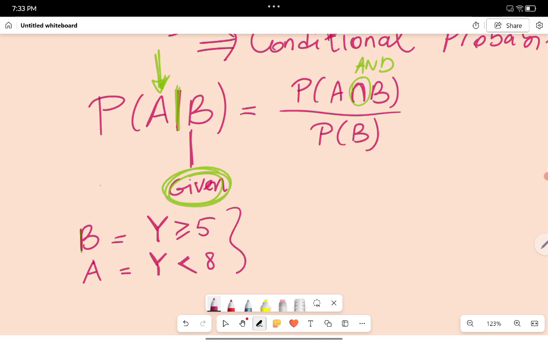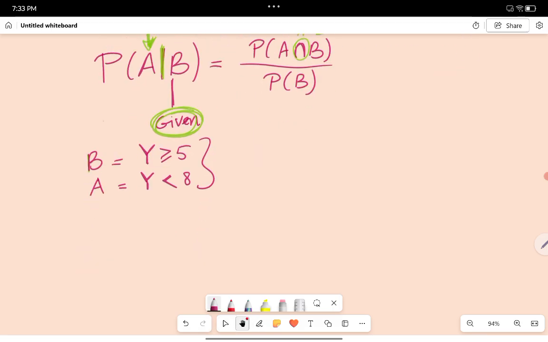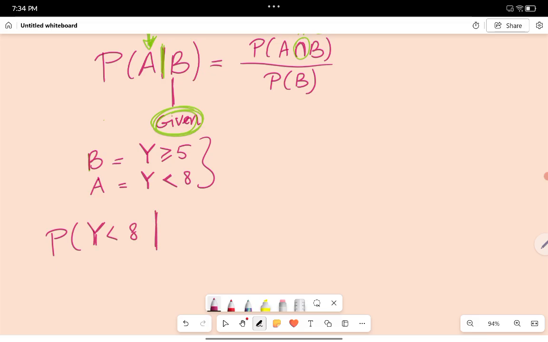So indeed, now if we use this formula, the probability of scoring less than 8, given that Ariane scores at least 5, that looks like this, is equal to the probability of both happening, A and B. So we have Y must be smaller than 8, and it must be bigger or equal to 5.